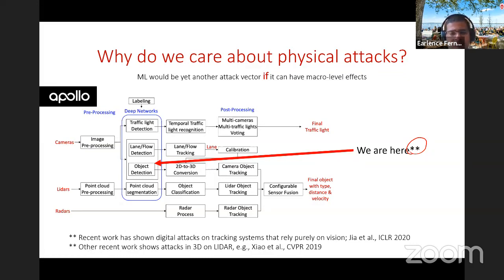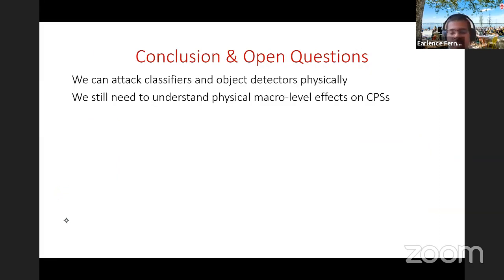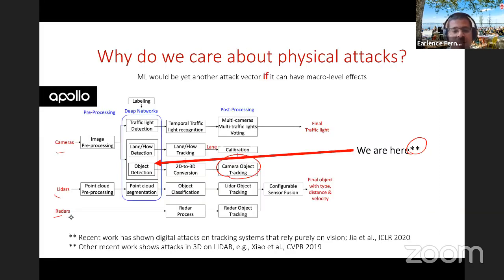There is some work at ICLR that looks at this tracking process that runs Kalman filters to make predictions one time step into the future about various kinds of objects the self-driving car is seeing, and what you might do to fool that. Of course, this work is still in the digital space, and they use only camera data, but real systems do sensor fusion as well. So it is a step in the right direction. However, we still need to understand whether these attacks really have that end-to-end effect in the physical world.